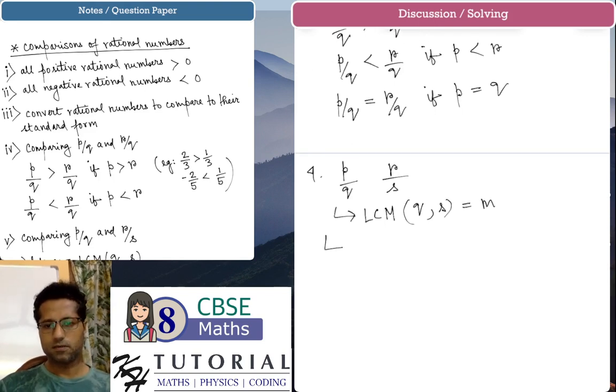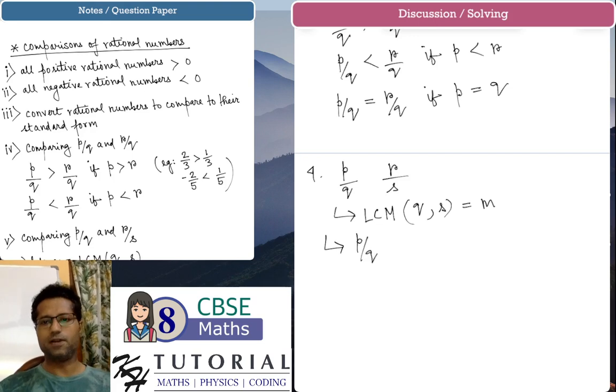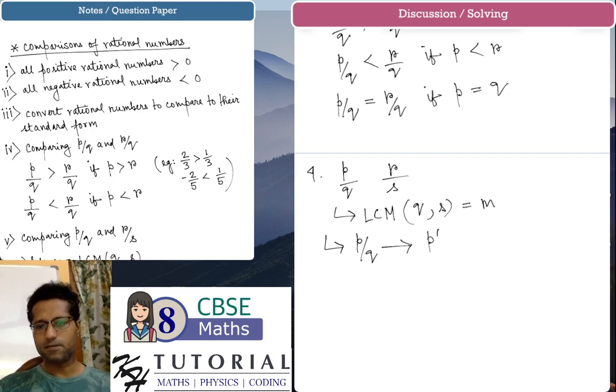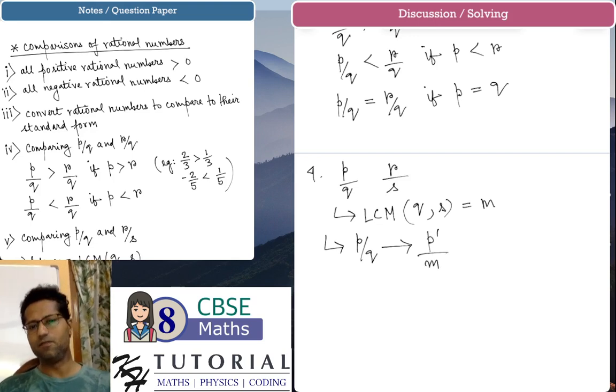Let's say I'm assuming m is the LCM of the two denominators q and s. What next? You convert both the rational numbers p by q and r by s to their equivalent form so that the denominator is m. That is, I have to convert the rational number p by q to its equivalent form, something like p dash by m, where p dash will be some integer and m is the LCM of q and s.